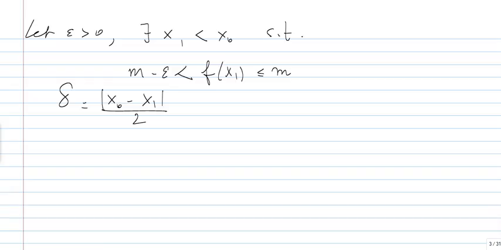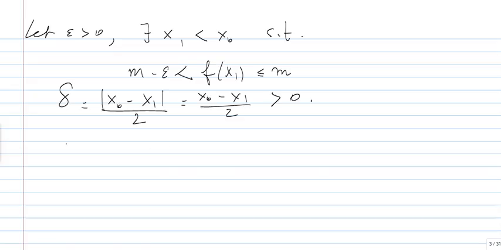But we don't need that. We just need x0 minus x1. x0 is bigger than x1, so I'm putting epsilon value, but I don't need that. Okay? So now, let's take x between the two.